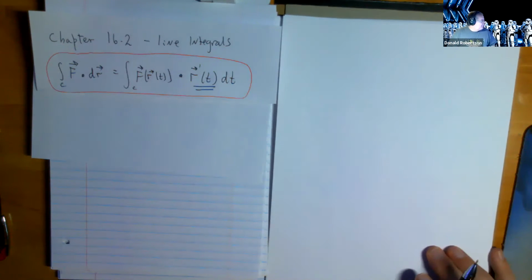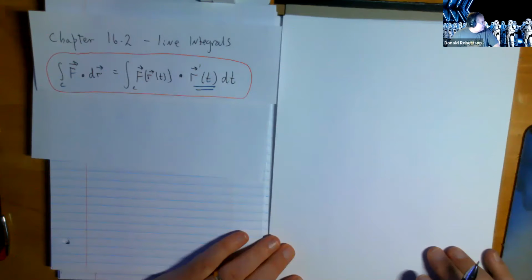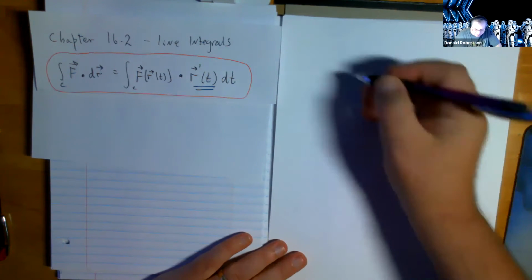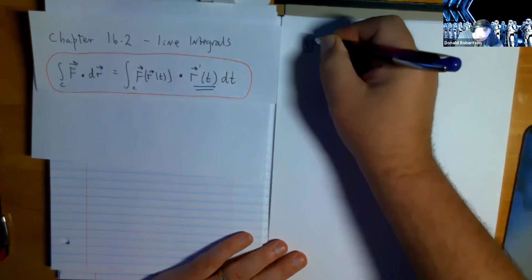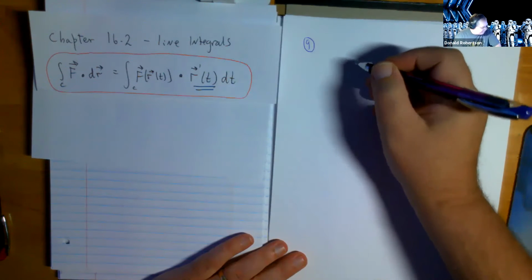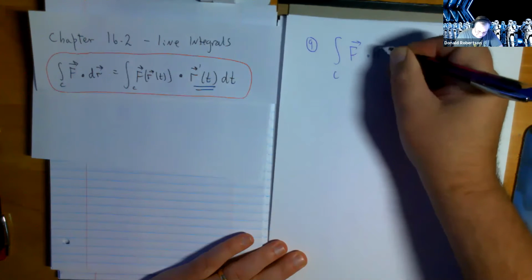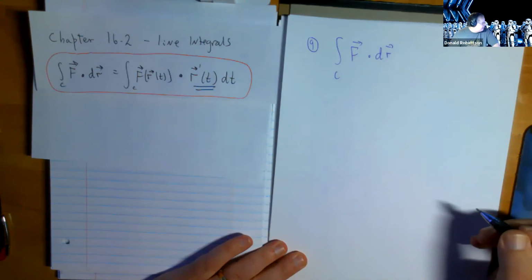Okay, so let's look at, pretty much can do any of these. I'm going to show you how question 9 is written down. That part is pretty standard. That's not the issue.